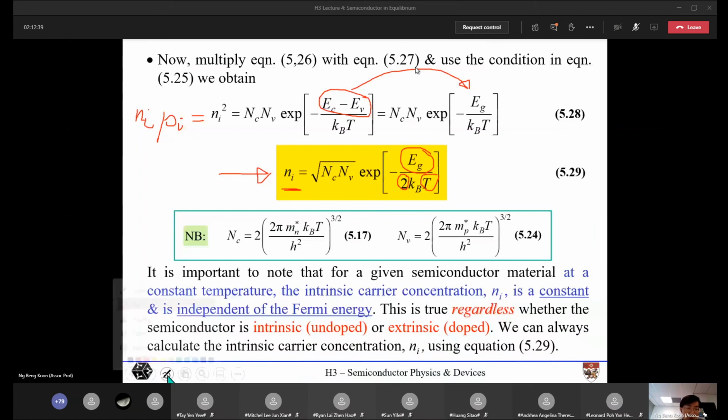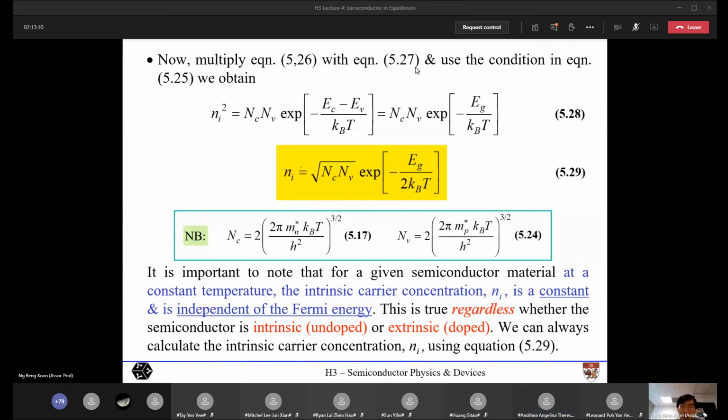And this is not surprising, right? Because if you think about how the intrinsic carrier concentration in a pure semiconductor changes with band gap: if you have some particular band gap semiconductor, the electrons and holes are generated through band-to-band transition. Now what happens if your band gap is small? At a fixed temperature, the band-to-band transition will result in a lot of electrons and holes.